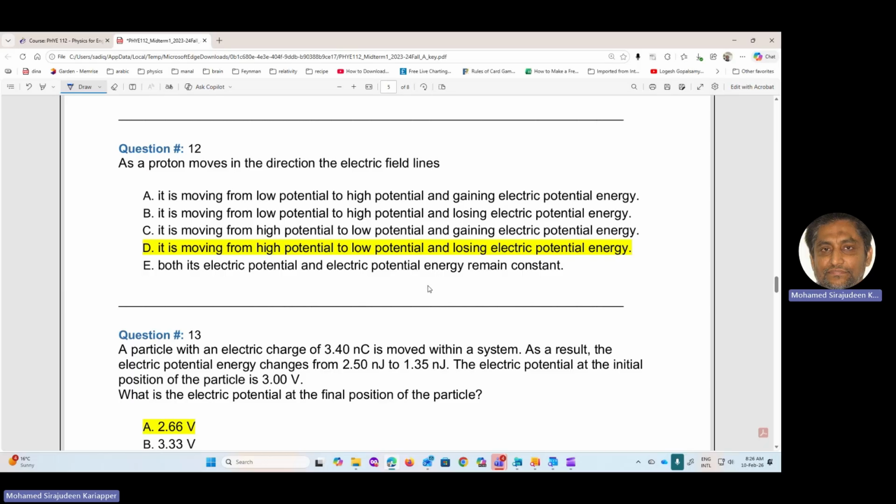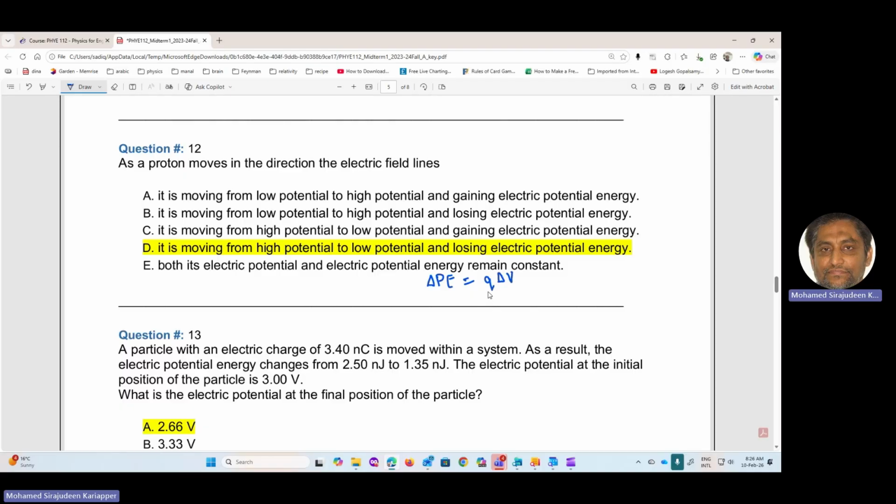So we can write that relationship here: change in the potential energy equals charge times change in the potential. So now it's very clear that we have a relationship between how the potential changes and how the potential energy is changing.